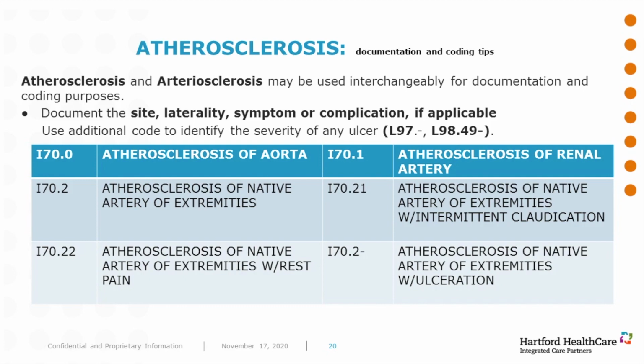So of course we have our atherosclerosis of the aorta, atherosclerosis of native artery of extremities, atherosclerosis of native artery of extremities with rest pain. I don't see these conditions documented a lot, especially with rest pain or atherosclerosis of renal artery, extremities with intermittent claudication.